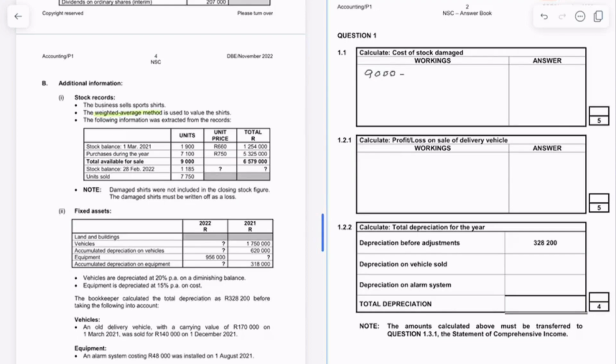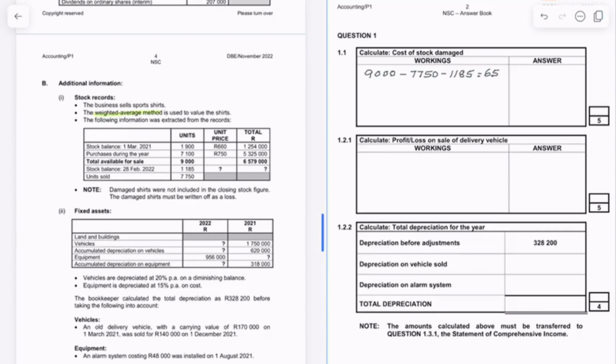We sold 7,750 of those shirts, and we have a closing stock on our shelves of 1,185 shirts. So your missing figure there is 65. Those were the damaged shirts.